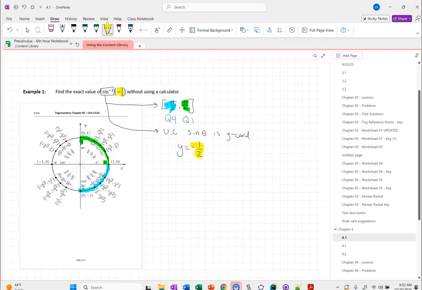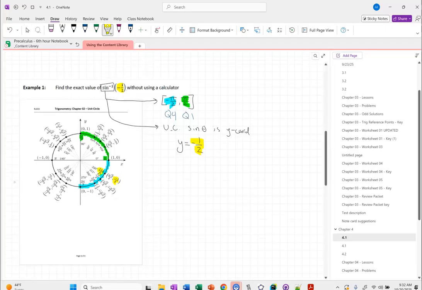I'm just going to look at the y coordinates. So +1, +√3/2, √2/2, positive a half, 0, negative 1/2, negative √2/2, negative √3/2, negative 1. That's the only place right there. Everybody agree? That corresponds to the angle 11π/6.